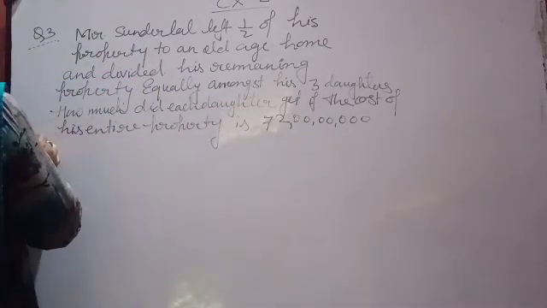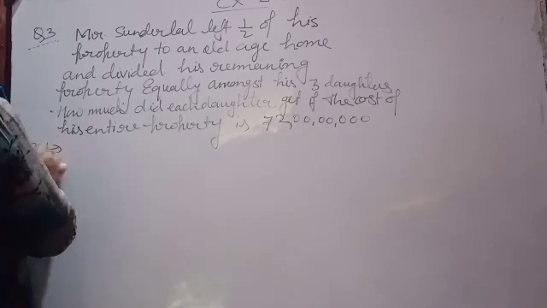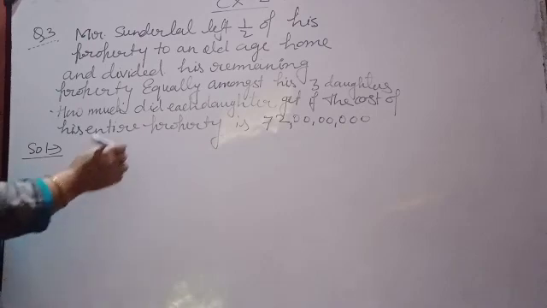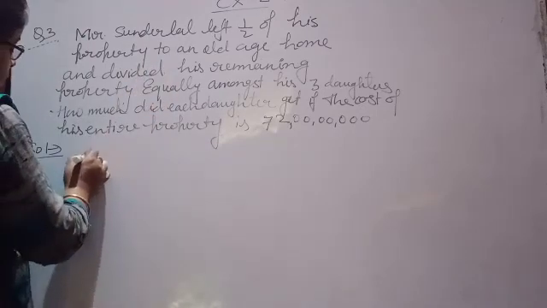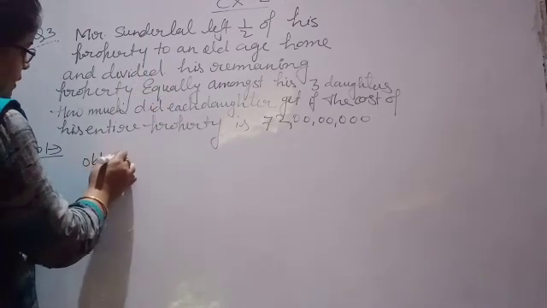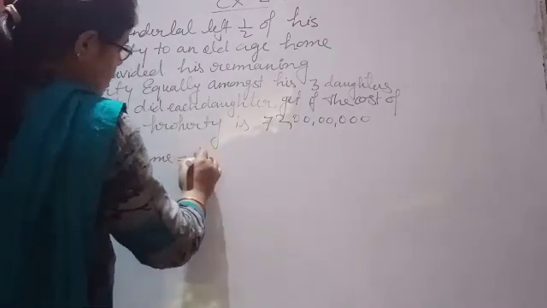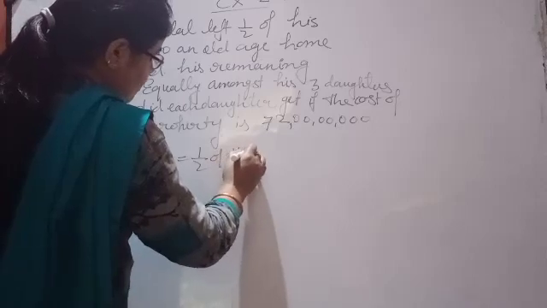See the solution. Half of this property he has given to whom? The old age home. So the old age home gets half of the total property.